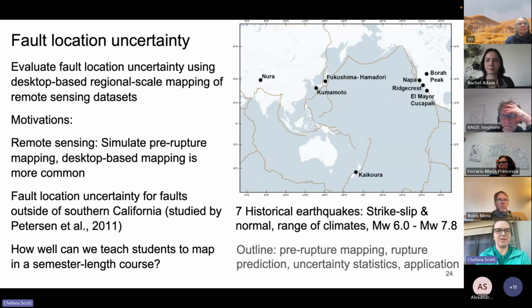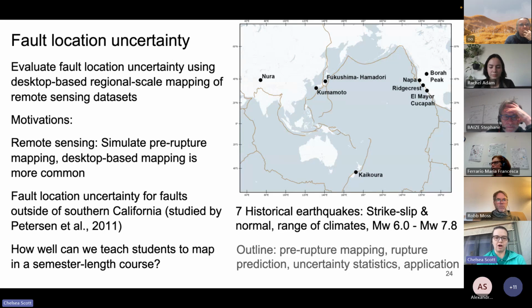Yes. Okay, thank you. So for the rest of this presentation, I will discuss our work on fault location uncertainty. Our goal from this part of the project is to evaluate the uncertainty in fault location using this desktop-based approach of regional scale mapping of remote sensing data sets.